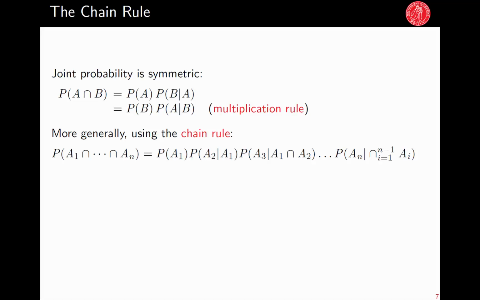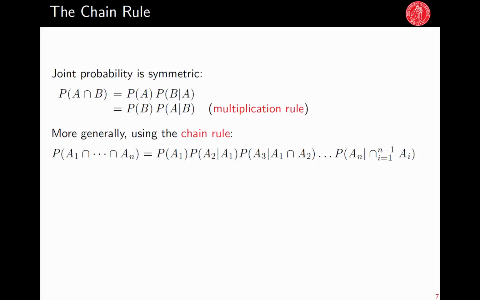I can generalize that to any sequence of events, A1 to AN, and compute the joint probability as an iterative application of the multiplication rule called the chain rule.